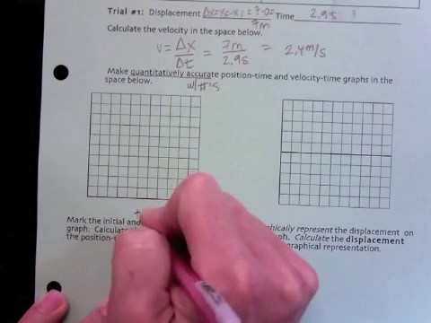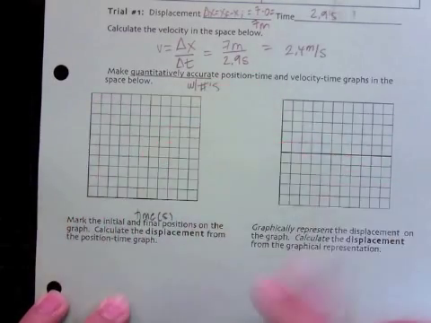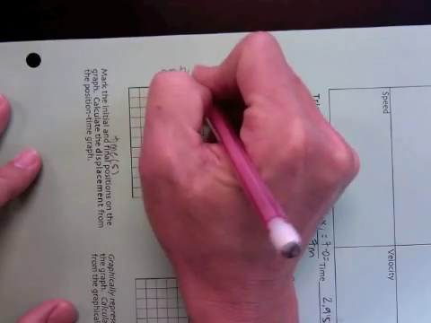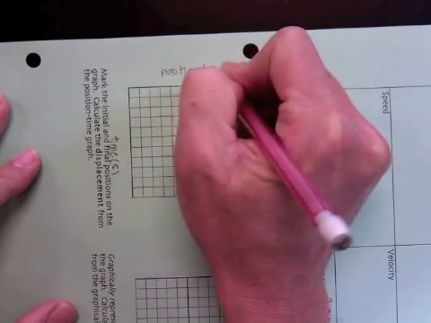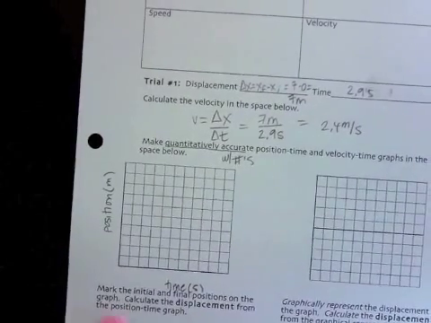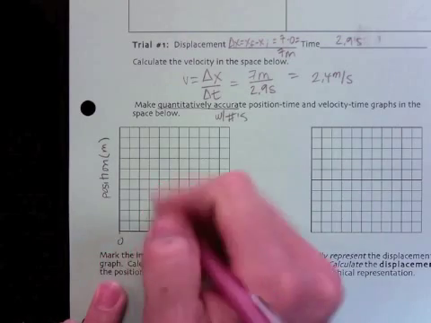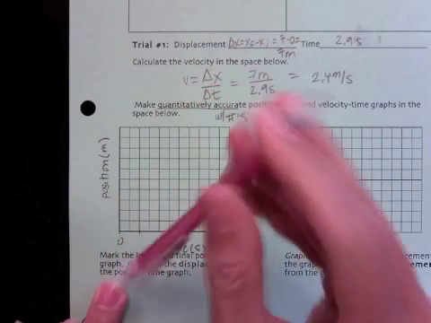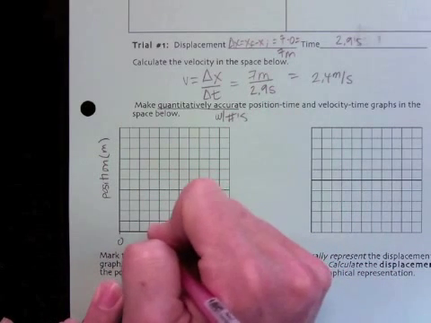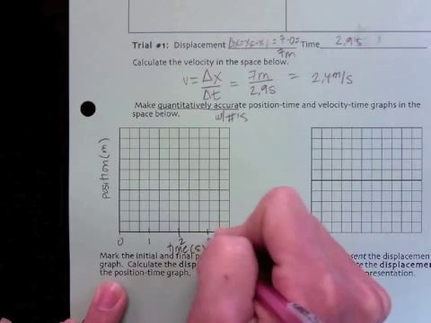So I'm going to put time on my x-axis, and I'm going to put position in meters on the y-axis, and then I'm going to scale my graph. In terms of time, 0. Let's go ahead. I'm going to go by 3's. 1, 2, 3.